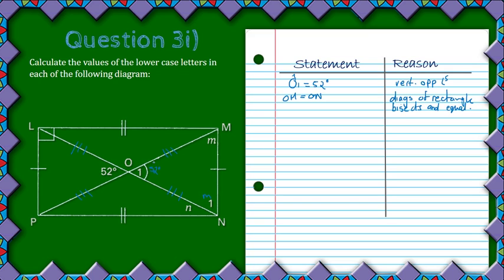Alright, so now I can solve for M by saying, actually let's start by saying that M is equal to N1, and my reason is equal angles opposite equal sides.